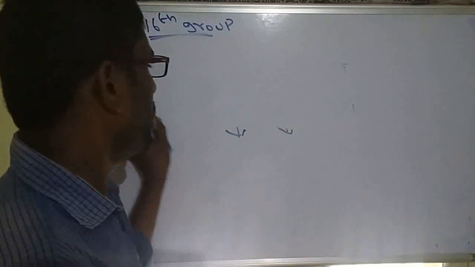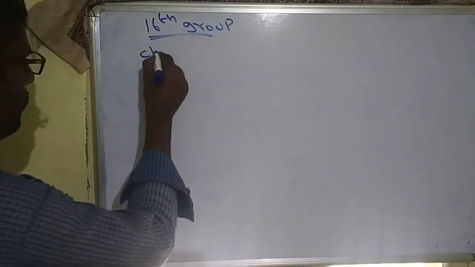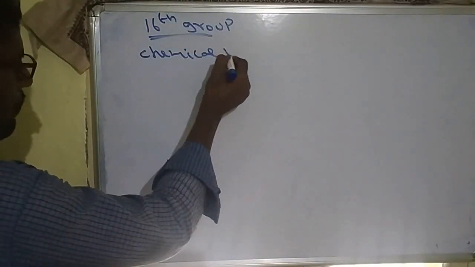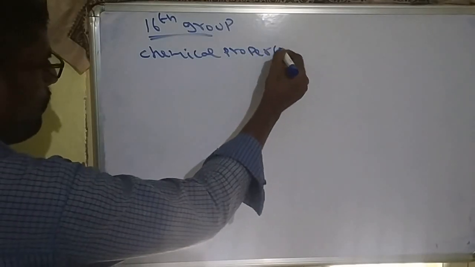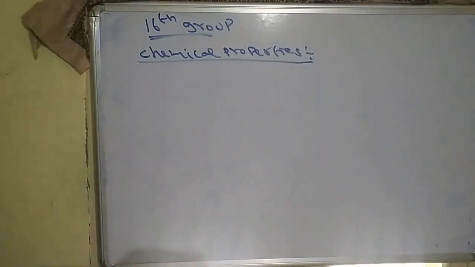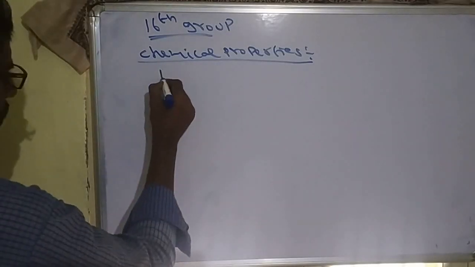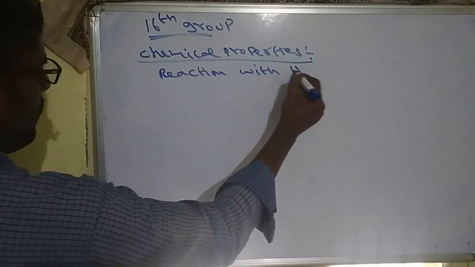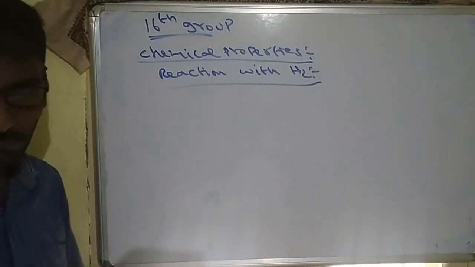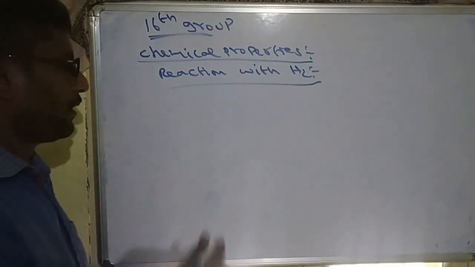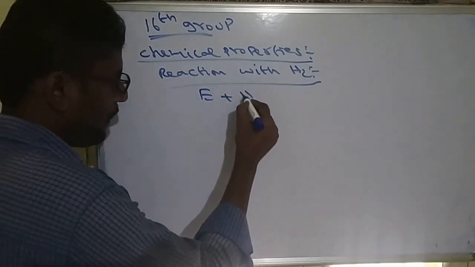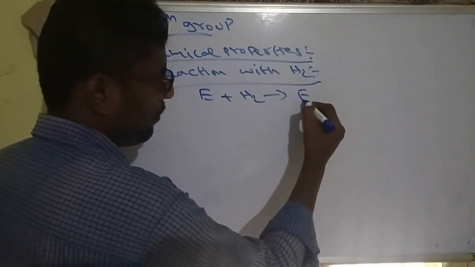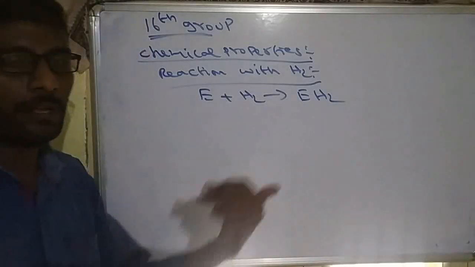So now, when you are writing chemical properties, the first one is reaction with hydrogen. 16th group elements combine with hydrogen. The formula will be EH2. Why EH2?